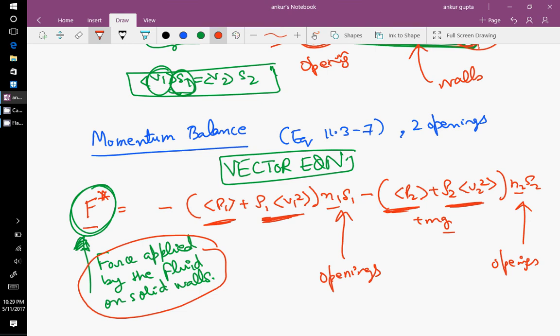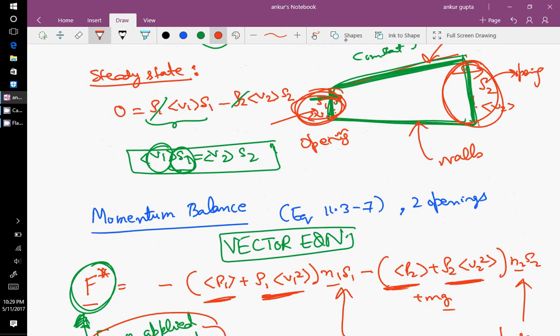As you can recall, to calculate F star, if we had a flow going through this pipe, to calculate the force on this particular part, we'll solve the Navier-Stokes equation, we'll get the velocity profile, then we'll find the shear stress at this point, and then integrate the shear stress along the length of the pipe to find the entire force.